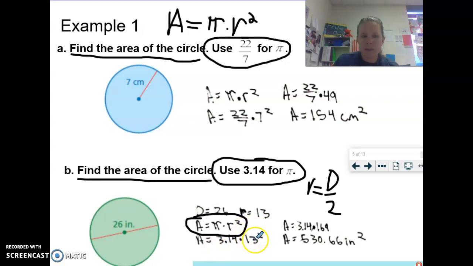So take that 13 times 13, I got 169, multiply it by my 3.14, which gives me 530.66 inches squared. Okay, please do not round your answers unless the directions tell you you need to round them. Give me every single decimal that it has unless the directions specifically say round to the nearest tenth or round to the nearest hundredth.